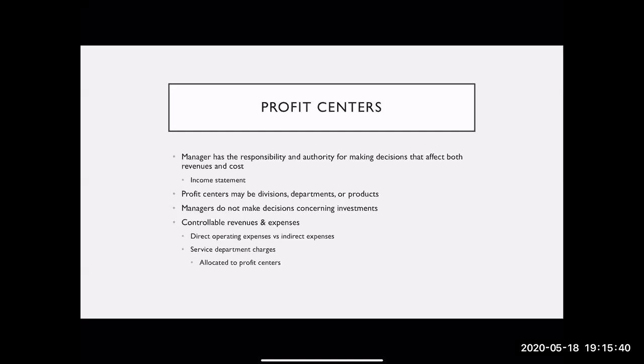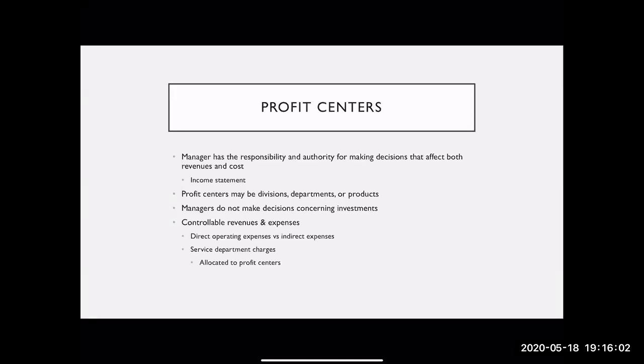So if they want to buy more machinery or invest in their employees, the particular division or region doesn't make that decision. When we're looking at profit centers, we're looking at controllable revenues and expenses. That's important because from a revenue perspective, everything is controllable, because you're selling it. You have control over how much you sell and how much you don't, given the customer base.